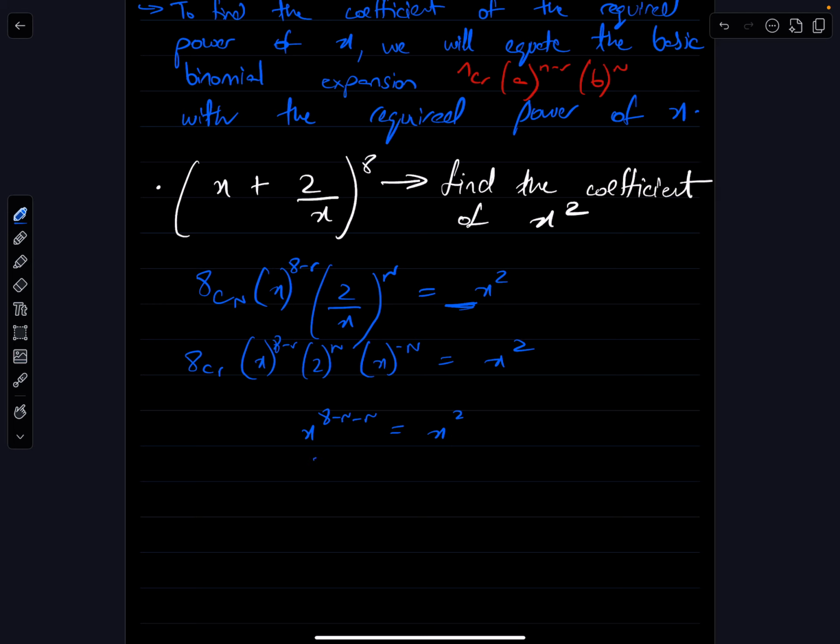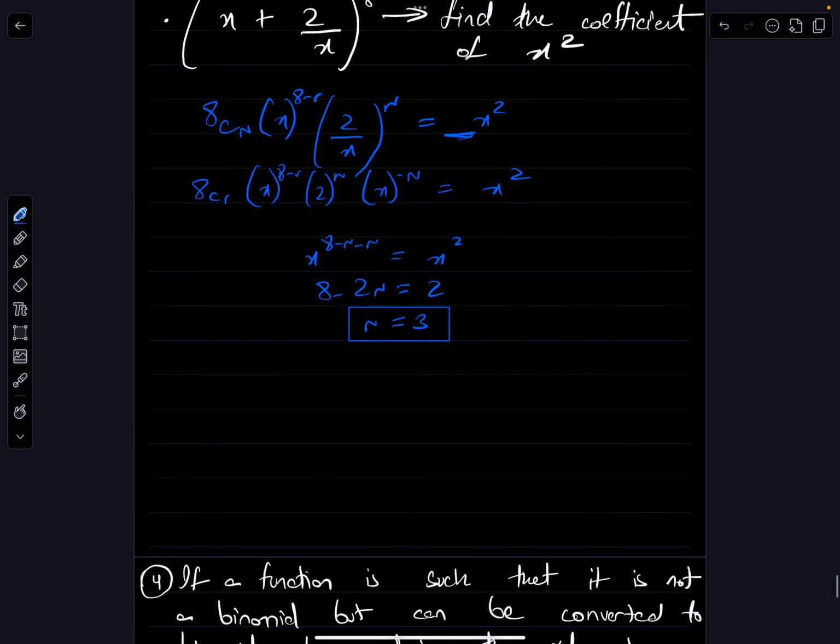Using the laws of indices, we have 8 minus 2r is equal to 2. r turns out to be 3, thus we have our value of r. We can simply expand to find the coefficient of the required power of x. So 8C3 is 56, 8 minus 3, so x to the power 5, and we have this.